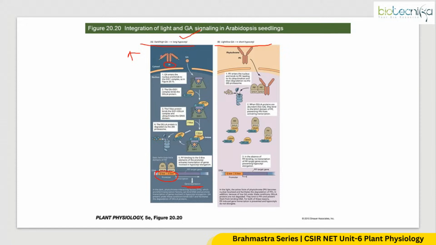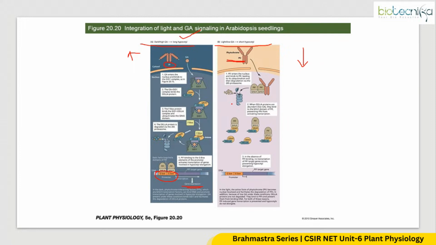hypocotyl elongation. Unlike that dark phase, in the light phase, what happens? We have low GA, so obviously a short hypocotyl will be formed. But remember, in the light your phytochrome is present in the active version, that is, the PFR form. This PFR enters the nucleus and targets the PIF for degradation.